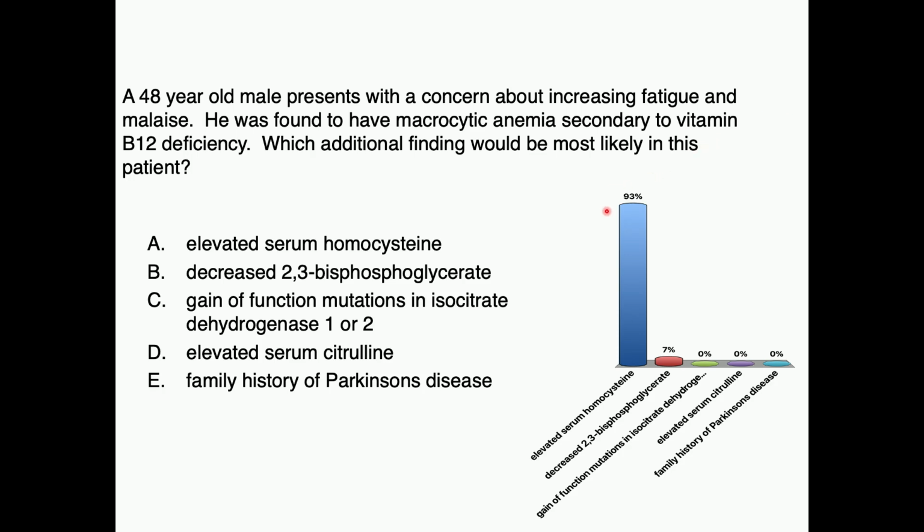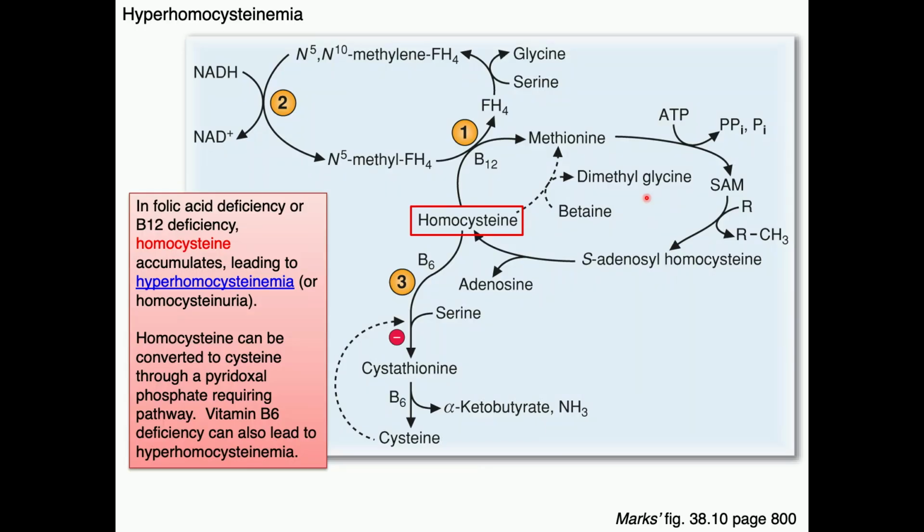Ooh, almost 100%. Good. So elevated homocysteine. This is a condition sometimes referred to as hyperhomocysteinemia, or elevated homocysteine in the blood. It's also sometimes called homocystinuria, or urinating out homocysteine. This is associated with vitamin B12 deficiency, and it can also be associated with loss of function mutations in the methionine cycle.